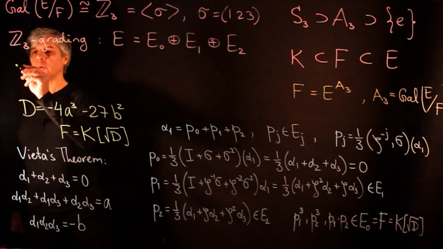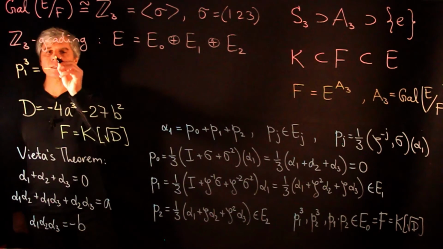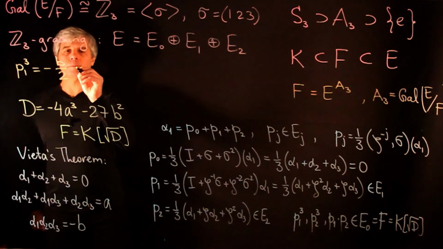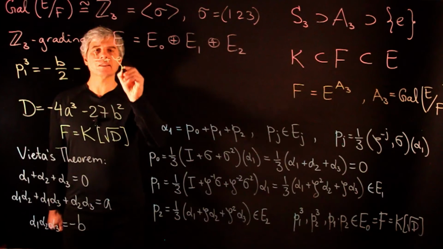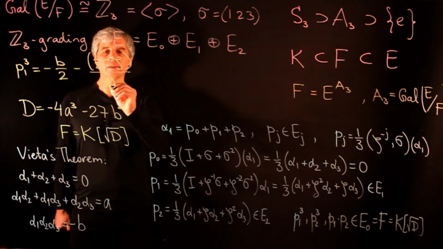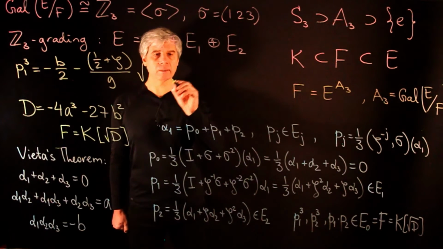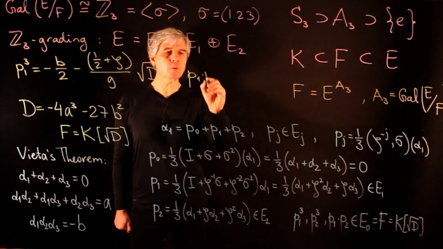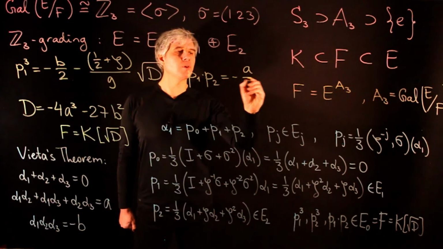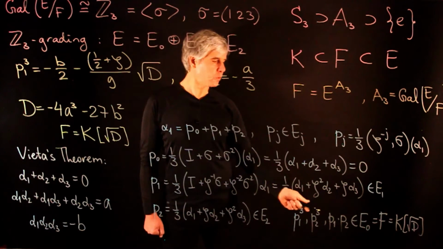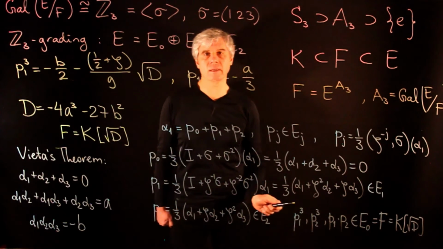We get the following expression: P1 cubed is equal to minus B over 2 minus 1/2 plus zeta over 9 times the square root of D, whereas the product P1 times P2 is equal to minus A over 3. It turns out that this product is not just in F, but in K.